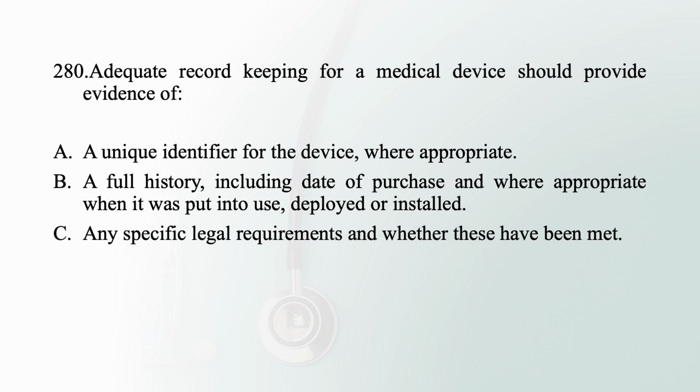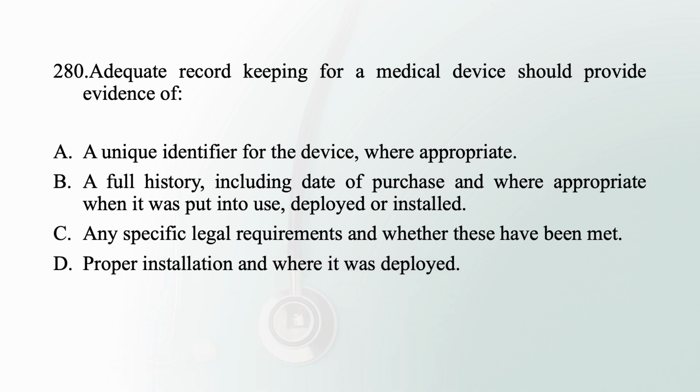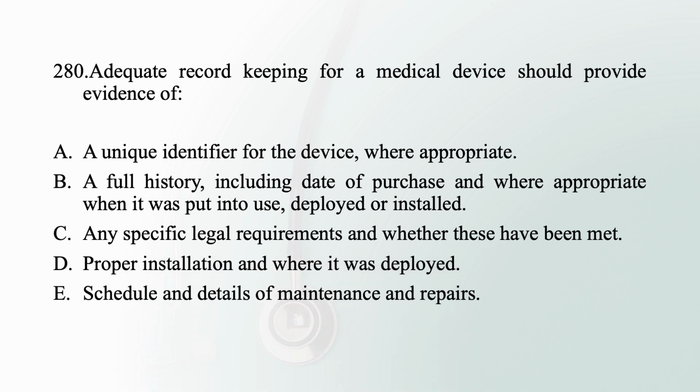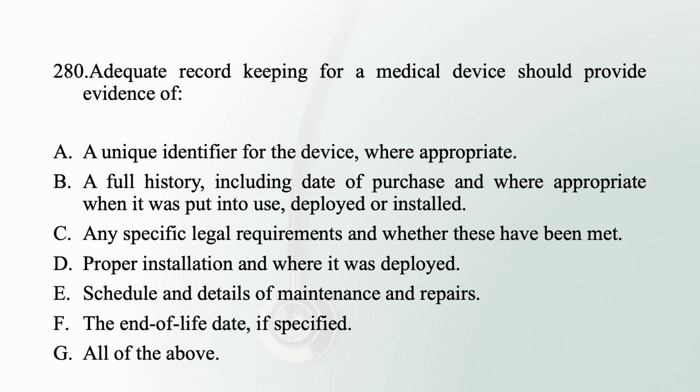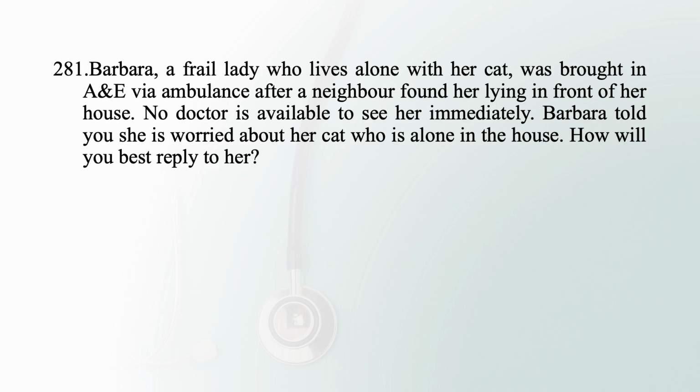Option C: any specific legal requirements and whether these have been met. Option D: proper installation and where it was deployed. Option E: schedule and details of maintenance and repairs. Option F: the end of life date, if specified. Option G: all of the above. The correct answer is option G: all of the above.